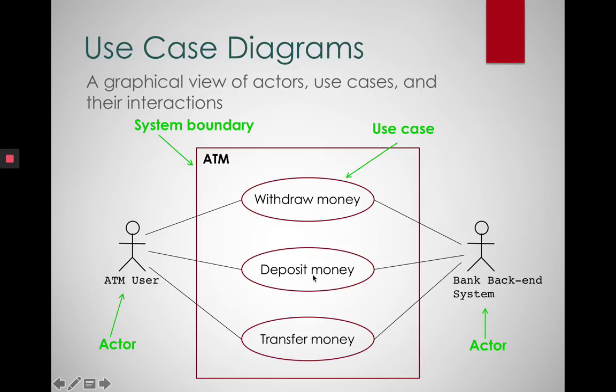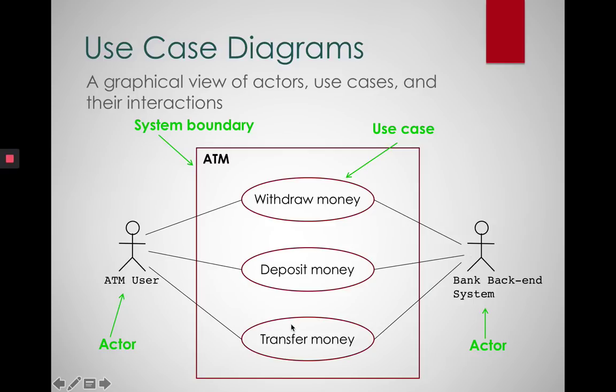Then we have three use cases for this ATM system: withdraw money, deposit money, and transfer money. In this particular case, both of the actors are involved in all three use cases. When an ATM user wants to withdraw money, the ATM system has to interact with the bank back-end system, because it needs to find out how much money they have in their account, and then subtract the amount from their account.